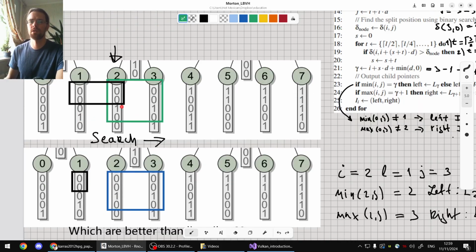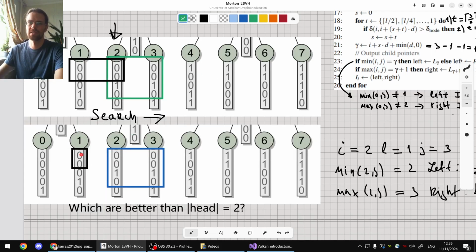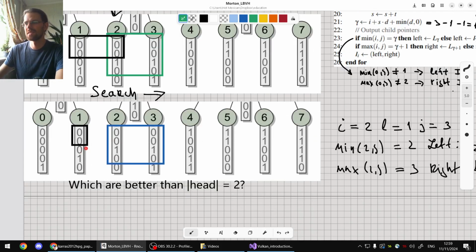And then you determine, okay, I want my good neighbors to have at least the same common head size, so at least similar, or better than the bad neighbor in that sense. And then we start traversing and looking for nodes which have common head greater than 2.